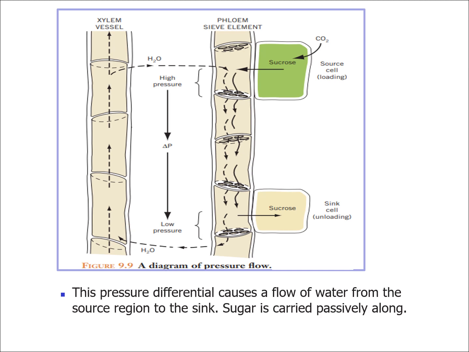This pressure differential, that is, higher pressure at the source region of the sieve tube element and lower at the sink, causes a flow of water from the source to the sink, with sugar being carried along passively.